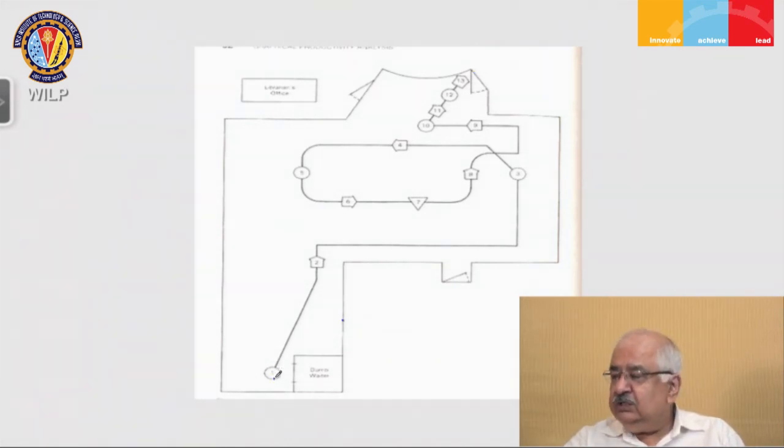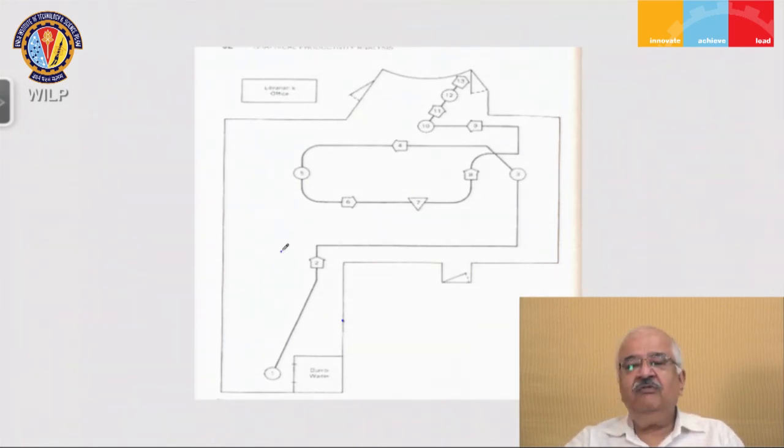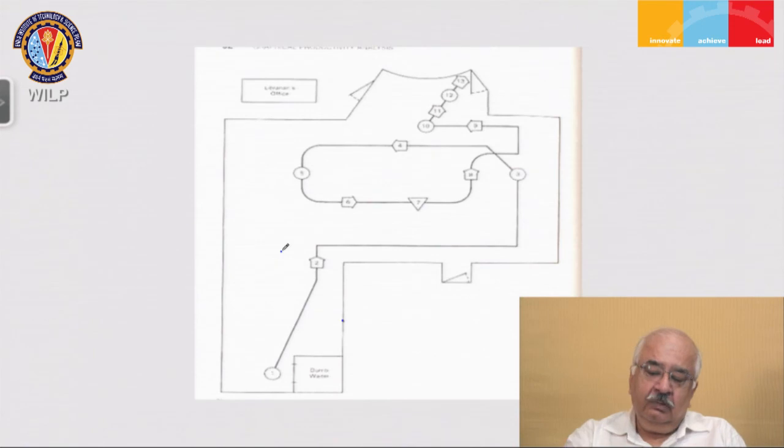And again, what you'll see is that we have tried to use the same symbols, which are operations, transportation, delay. There are no inspections over here, and there is no delay, this is storage. But you can use some of the same graphical symbols that we talked about earlier, and these are useful techniques for displaying the information regarding the process.